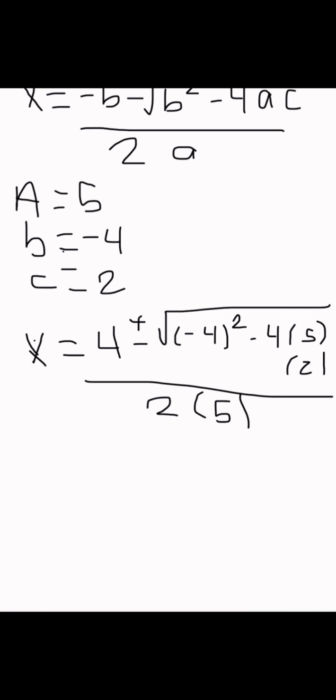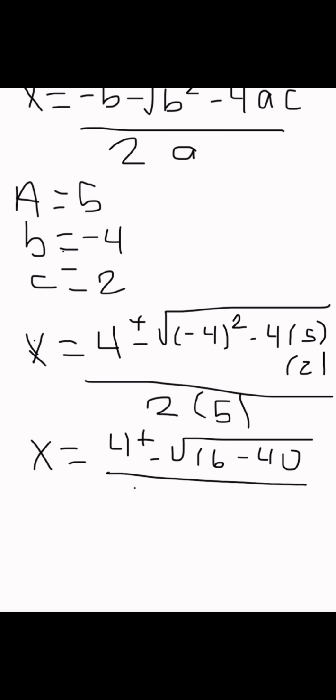So now we have to solve what's in the radical first. So negative 4 to the second power minus 4 times 5 times 2, so then we're going to bring everything down, 4 plus or minus, and that will be 16 minus 40 over 10.